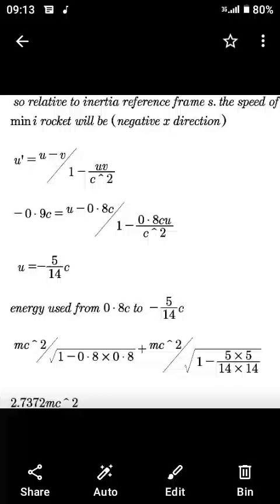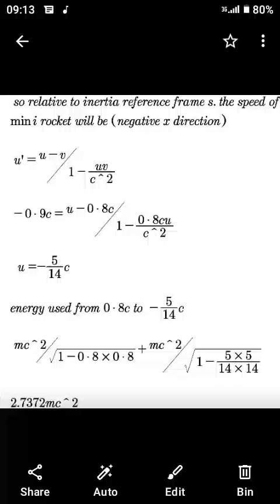So the energy used to launch this mini rocket from 0.8c to negative 5/14 c, you'll get the energy as 2.7372. And clearly, this energy does not match the energy in the rocket's inertial reference frame.